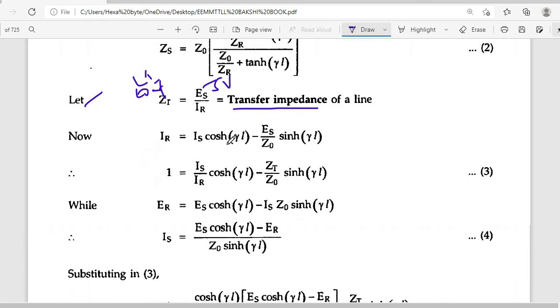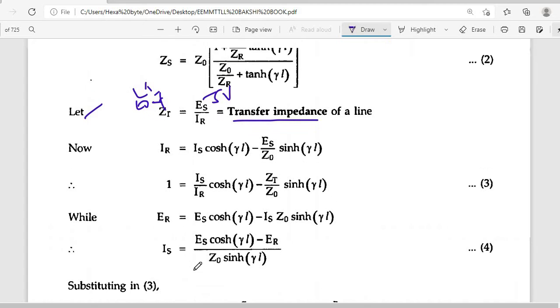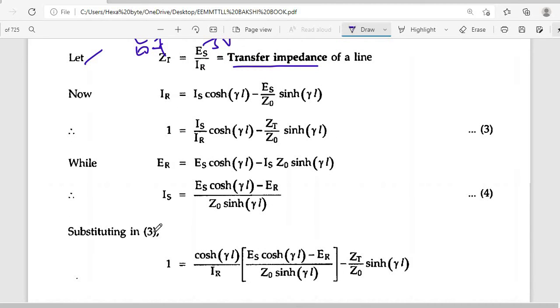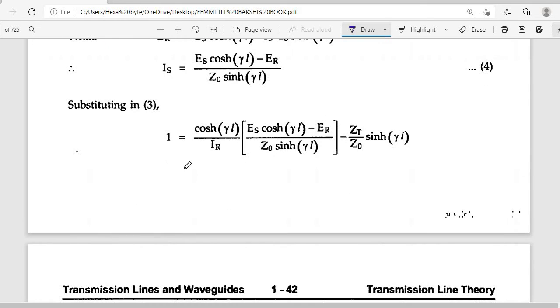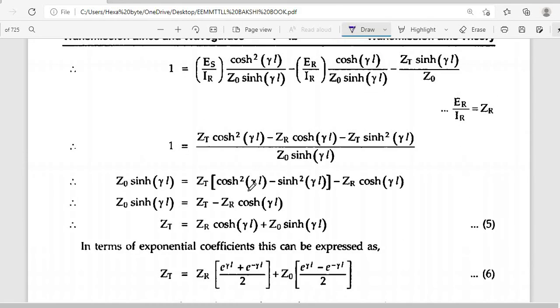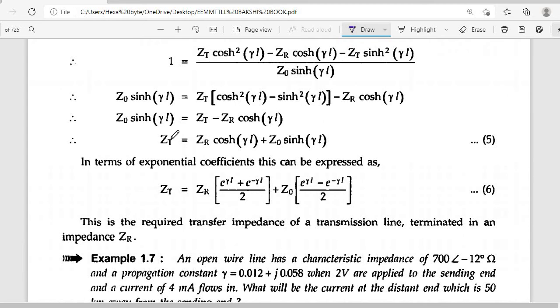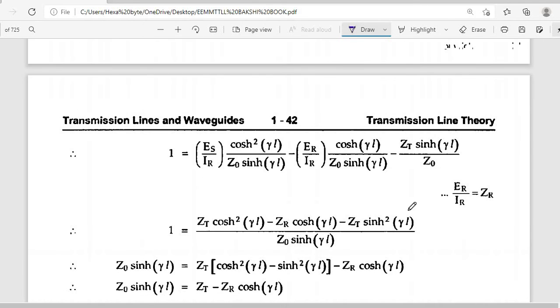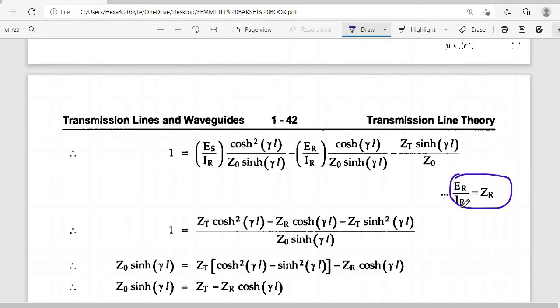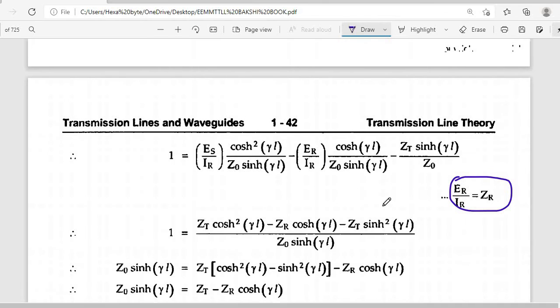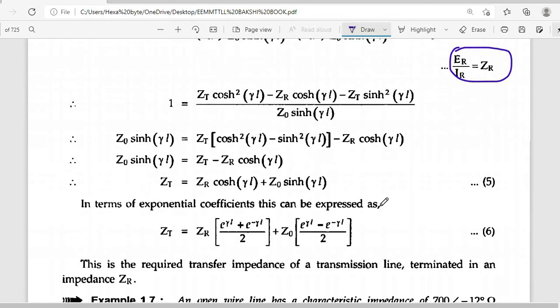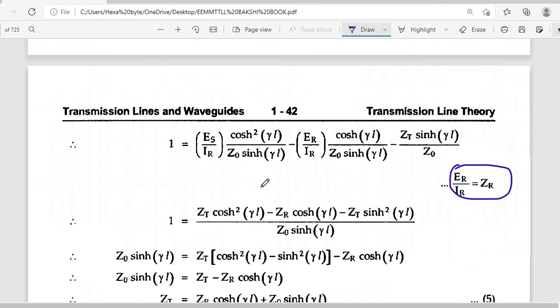So finally IR is equal to IS by using these relations. Then ER is equal to this one. Finally you have to substitute in that equation 3, then you get the finalized equation. Zr is equal to, you use again this relation ES by IR, then the transfer impedance ZT.